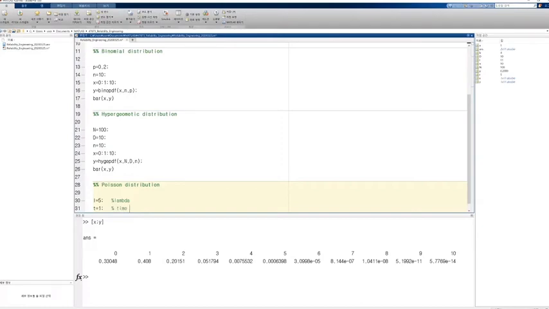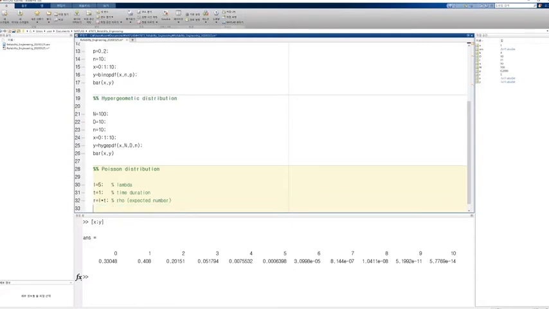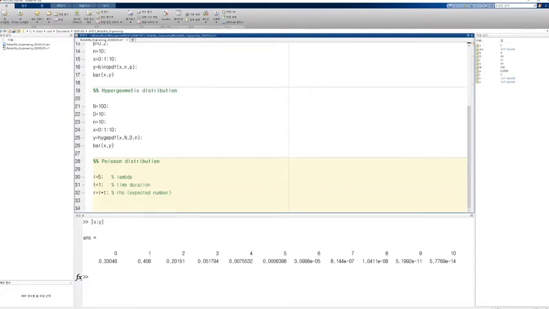It is for time duration. In this case, rho would be lambda multiplied with t. So this is for rho. That is the expected number. And we are going to use this rho in our equation.